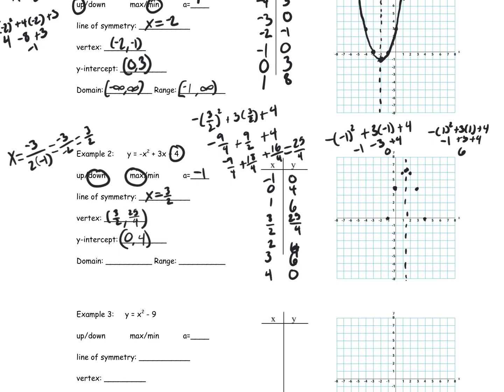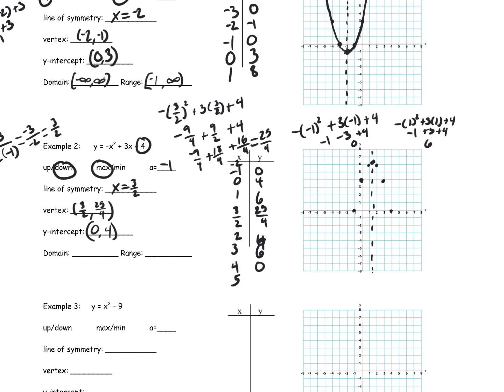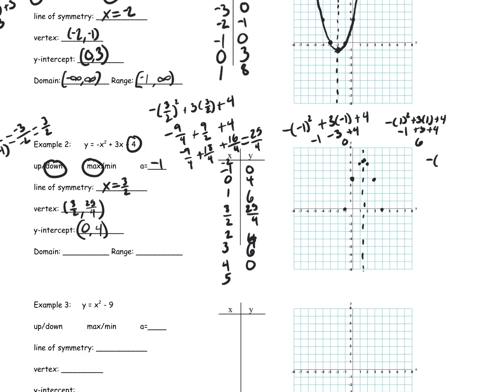All right, and just to see what's going on a little further out, let's do 5 or -2. So we'll do 5. Negative 5 squared plus 3 times 5 plus 4.